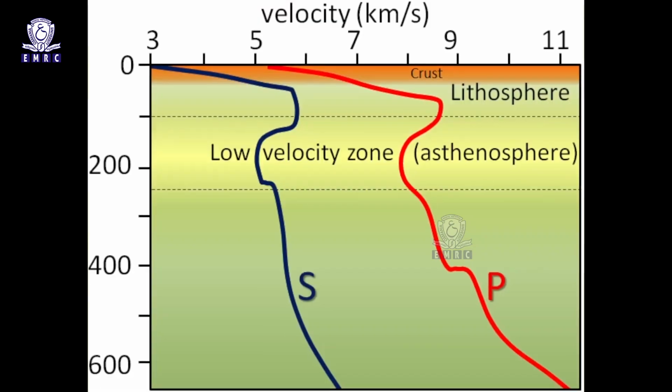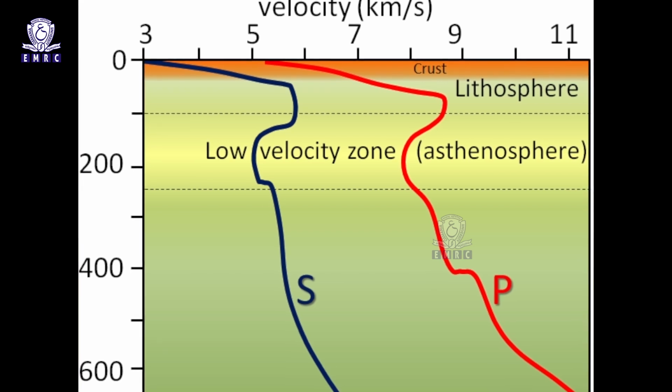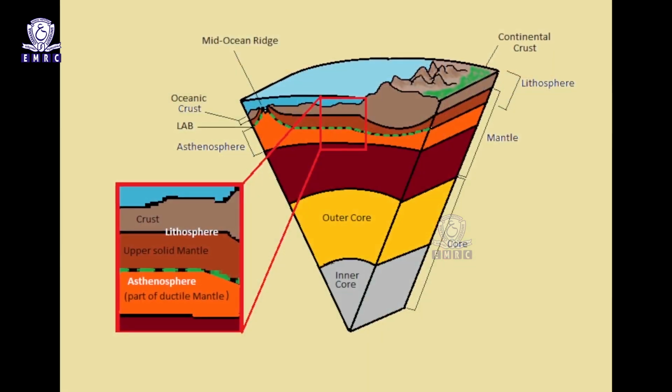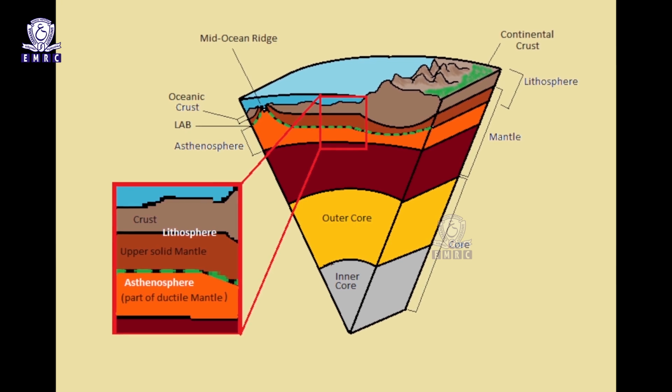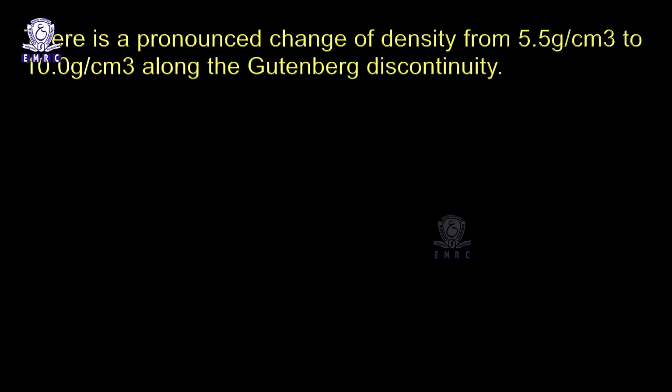This change is indicated by a sudden increase in the velocity of P waves, that is 13.6 kilometers per second, along the mantle-core boundary or Gutenberg discontinuity. The density further increases with decreasing depth.